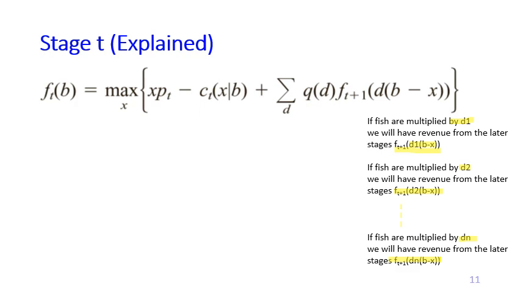Remember that if we have something like this, if this happens, if that happens, we need to multiply it with the probability. So the probability of D1 happening is Q D1. The probability of D2 happening is Q D2.